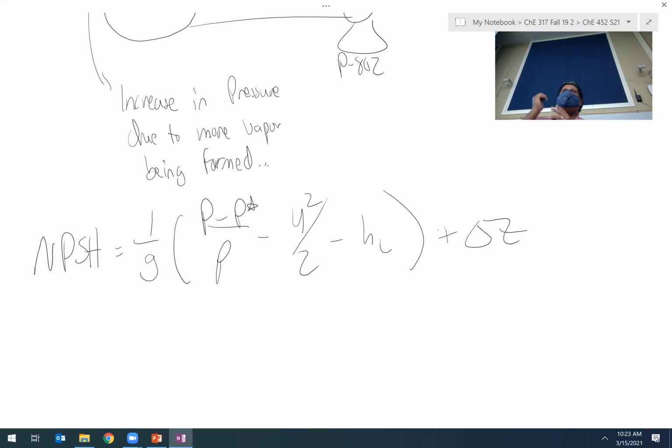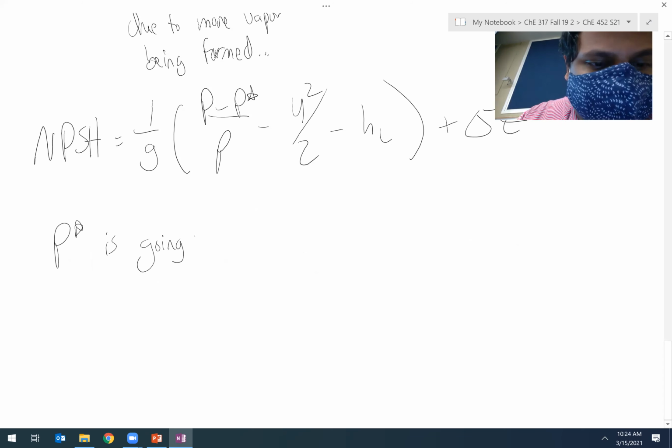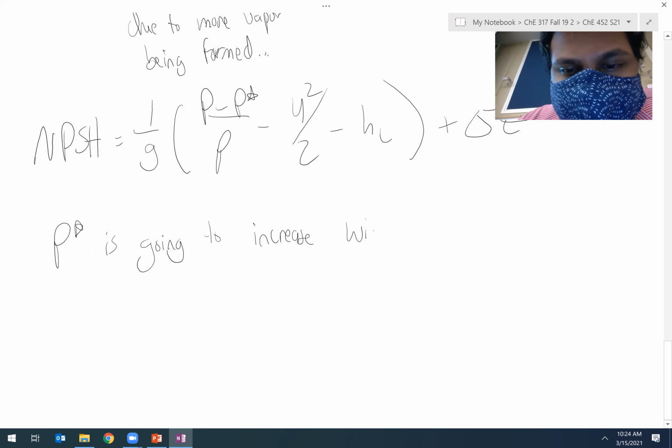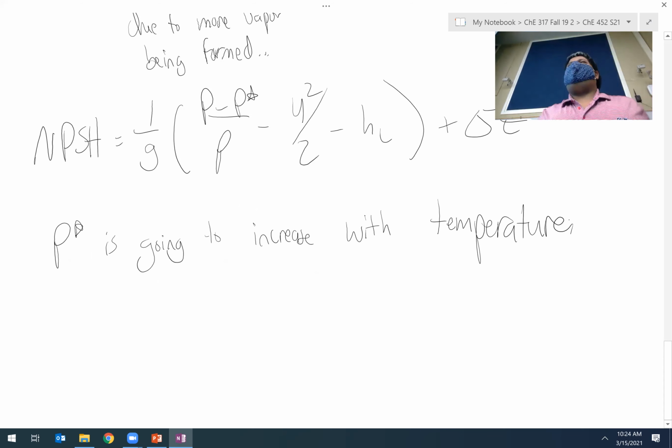All right, so which variable is going to change when the temperature increases? So P star is going to increase with temperature. What does that mean for our NPSH?